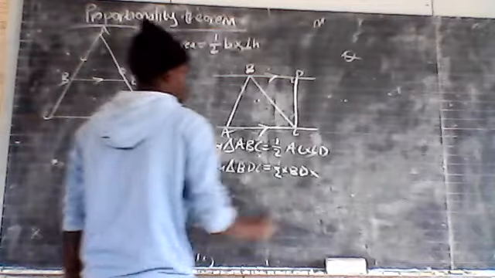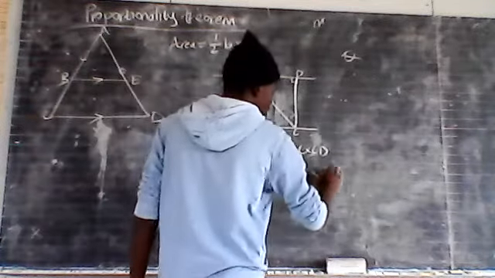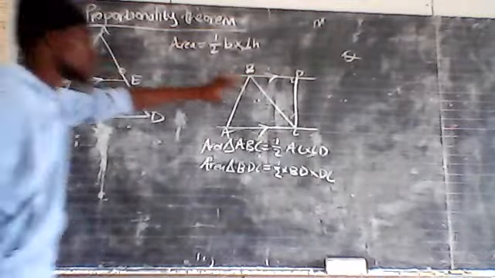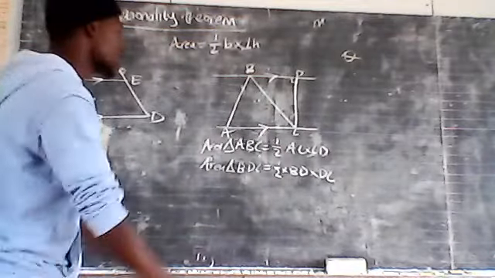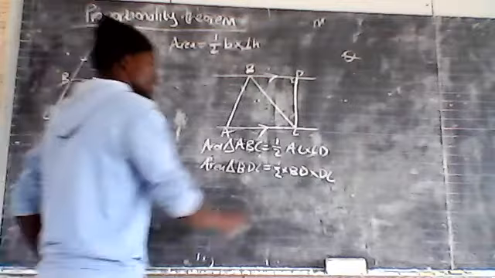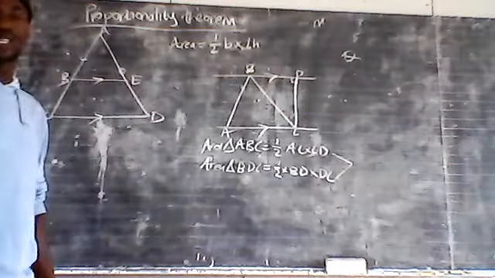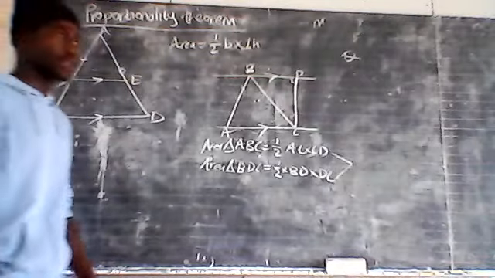I think you could all agree with me that it is DC. So if you calculate and come out with the final answer, you'd have the same area of those triangles.